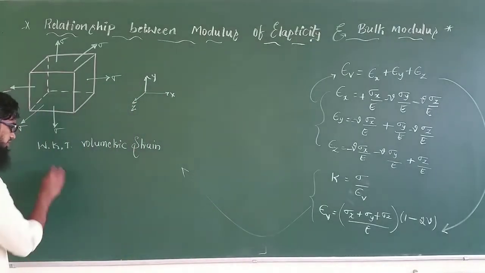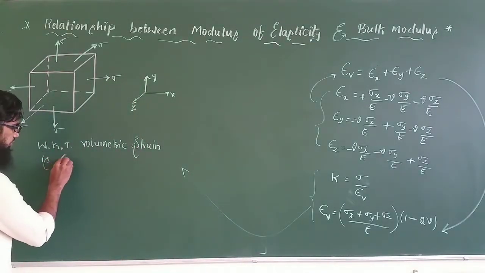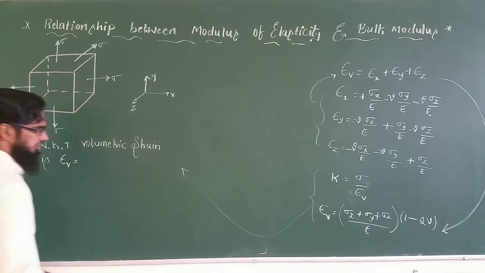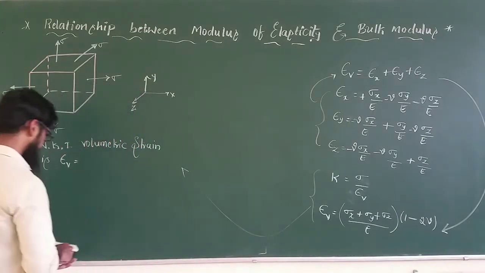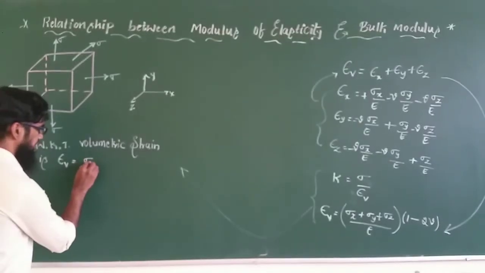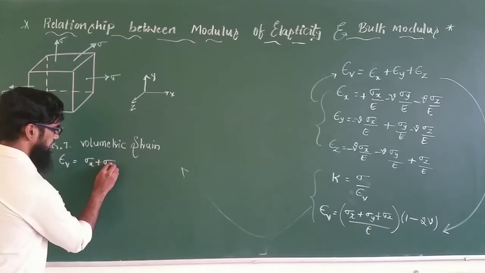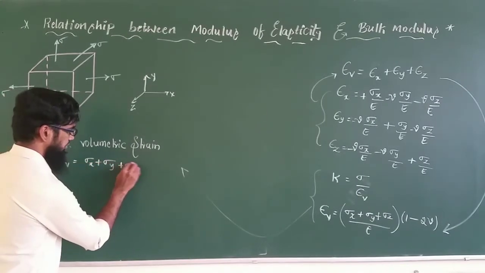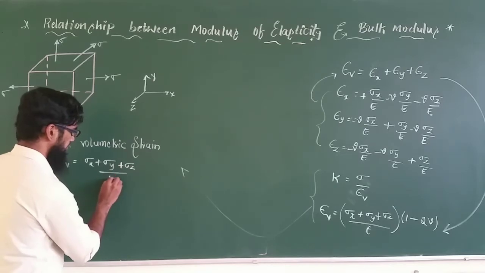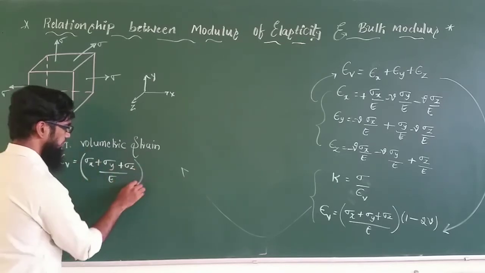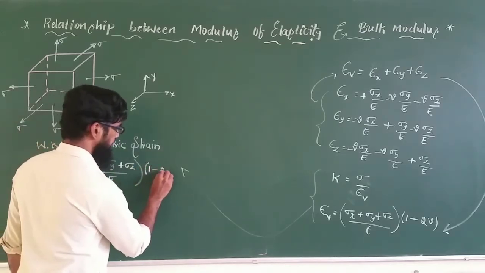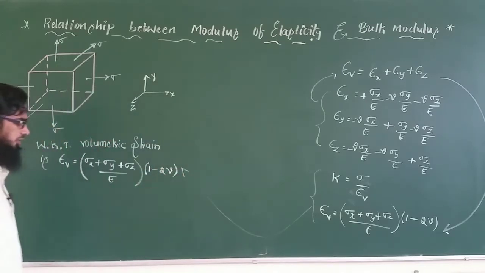We know that the volumetric strain epsilon v is equal to, directly I will take this equation here. It says (sigma x plus sigma y plus sigma z) by E, into (1 minus 2 nu), right.